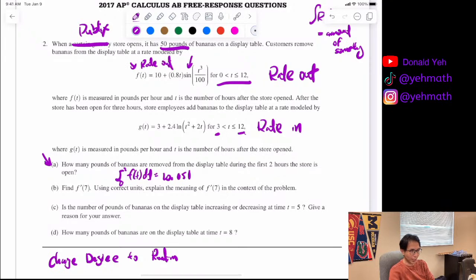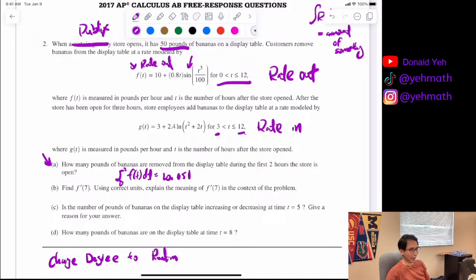So I call this rate out. And if you take a derivative of that, depending on what kind of number you get, you can learn how to use the derivative button with your f1 function. If your f1 is 10 plus 0.8t sine of t cubed over 100, you can take a derivative of f1 and plug in 7.